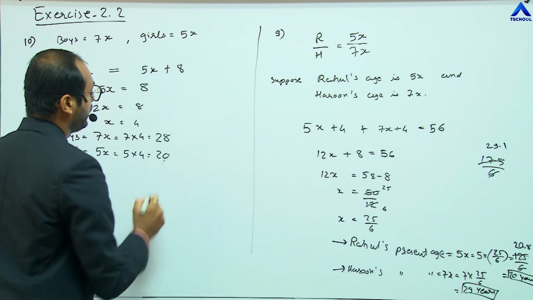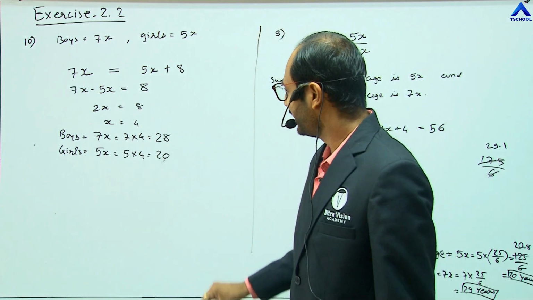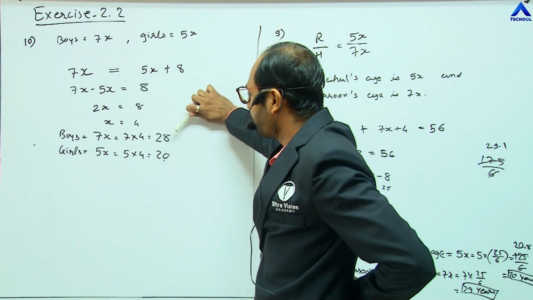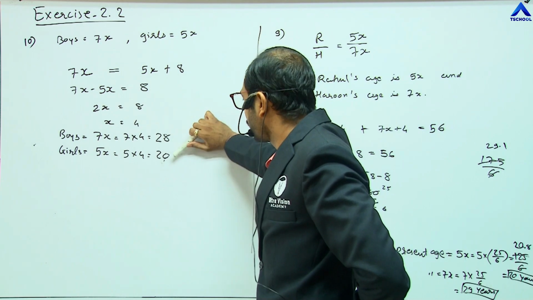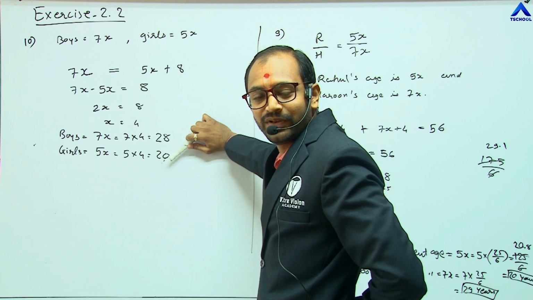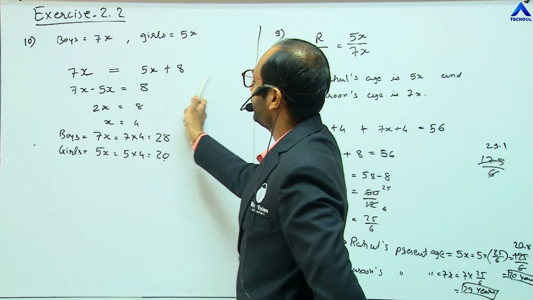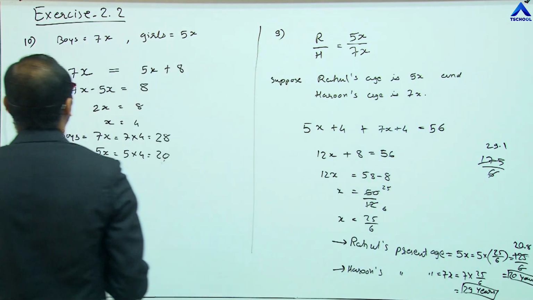Now verify these two numbers. Already the boys are 8 more than the number of girls. So we are taking it this way. Now take this again.